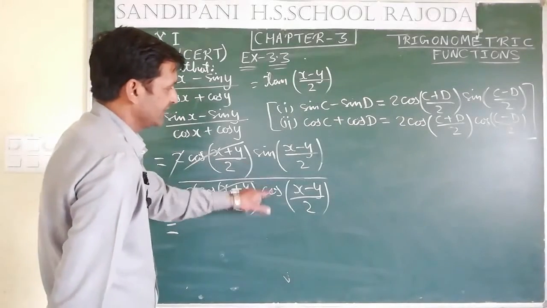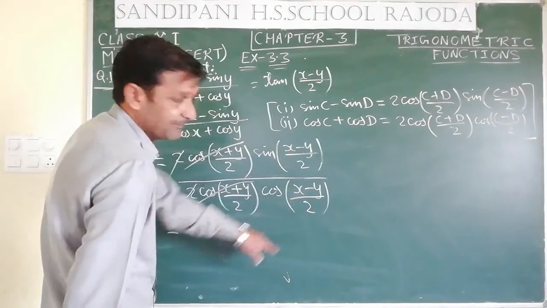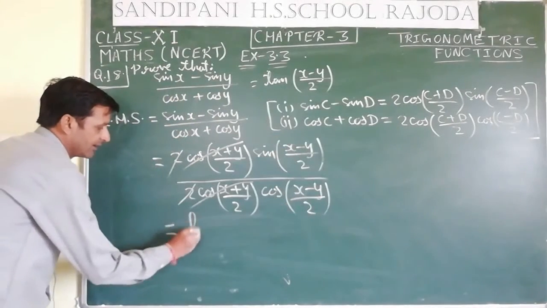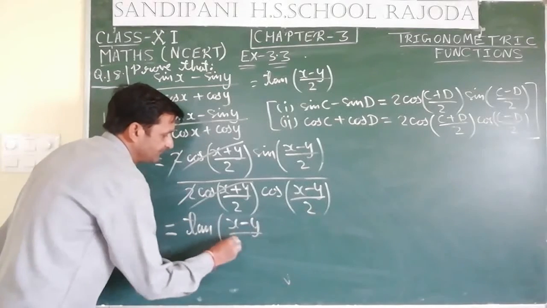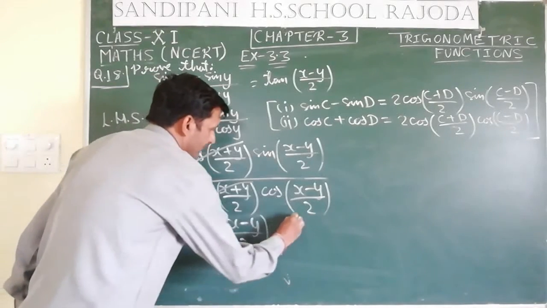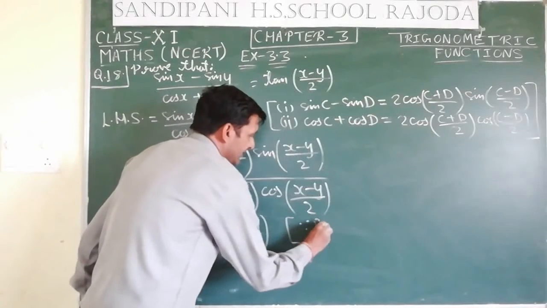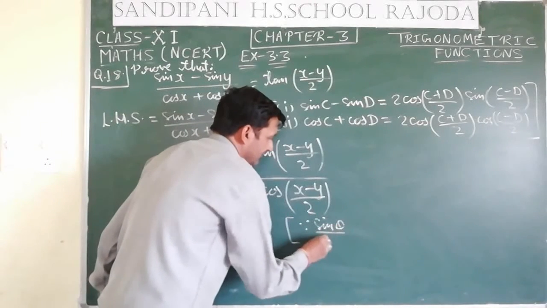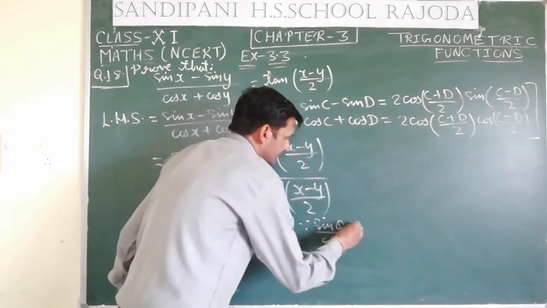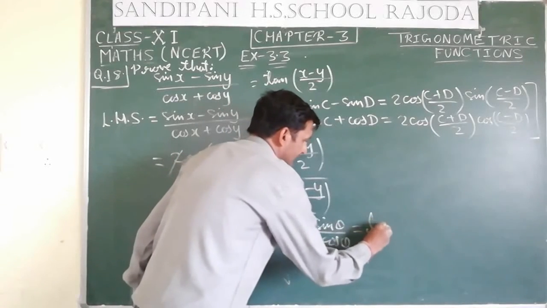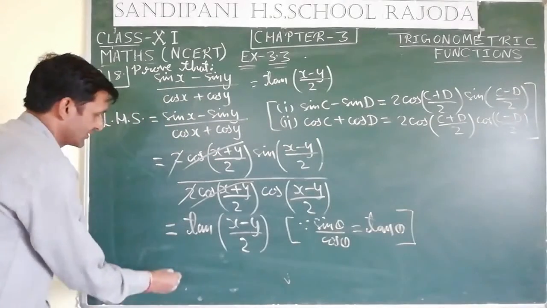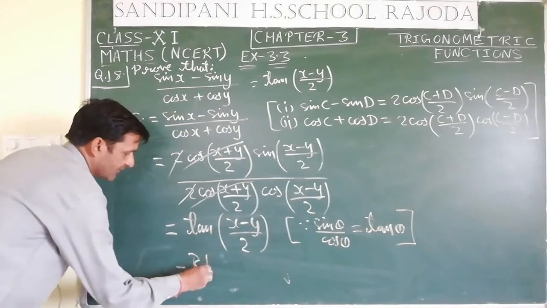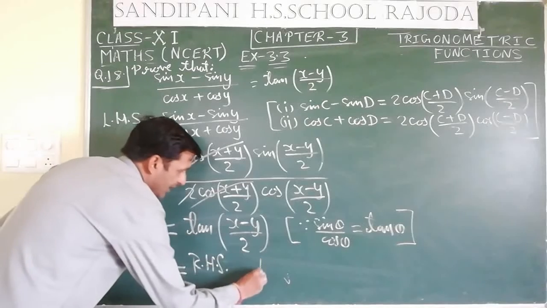Sin theta upon cos theta is tan theta, because theta is same. So we may write here tan x minus y by 2, because sin theta upon cos theta is equal to tan theta. So this is equal to our RHS, hence proved.